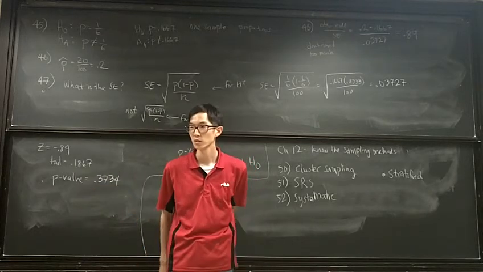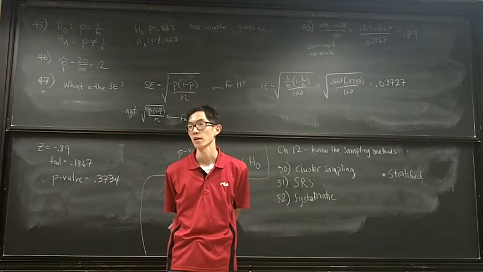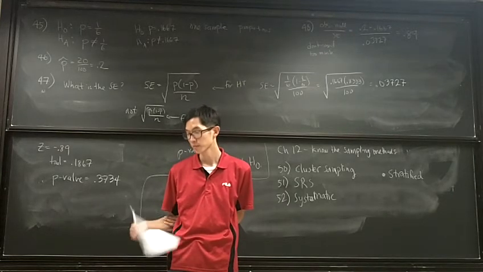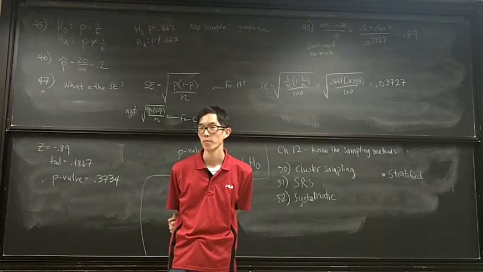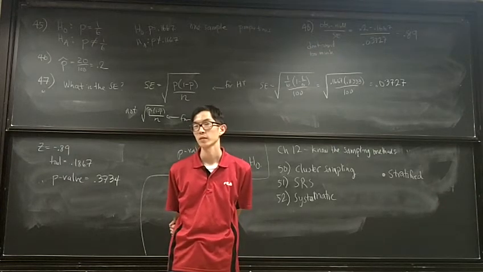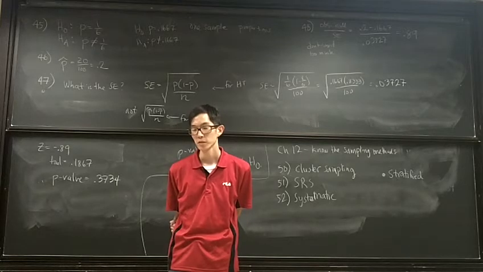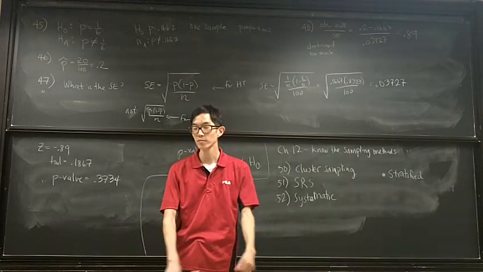If you did the same for number 10, the MLB one, except instead of picking 4 teams, you just split them up by race or weight class, if you did it that way, that would be stratified, right? That would be stratified.